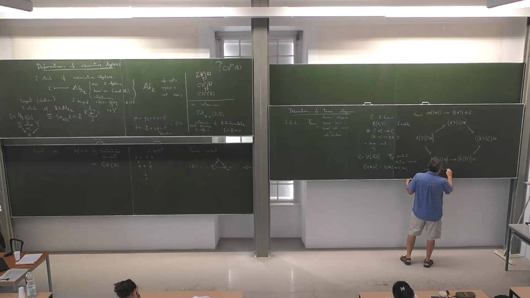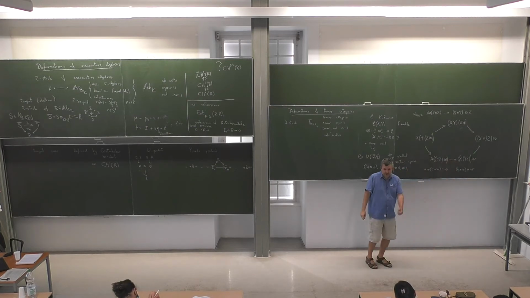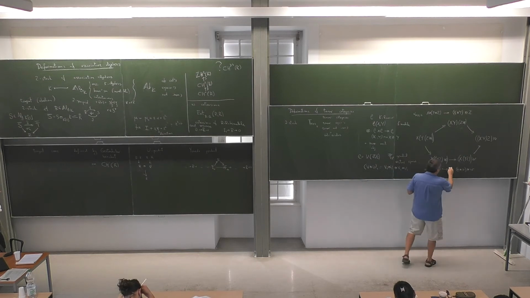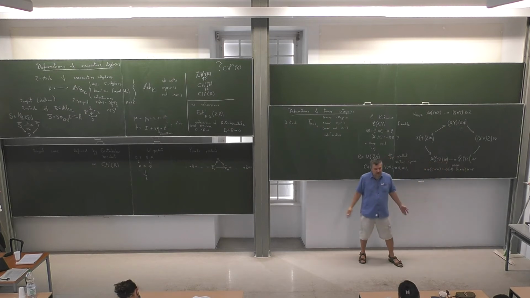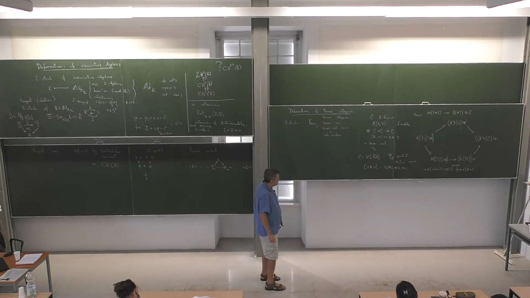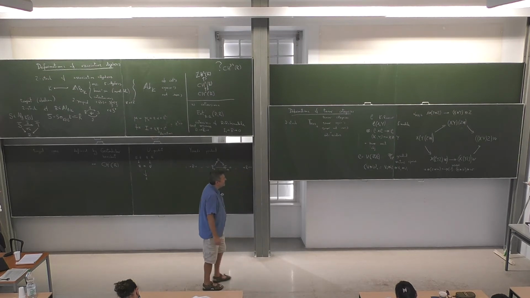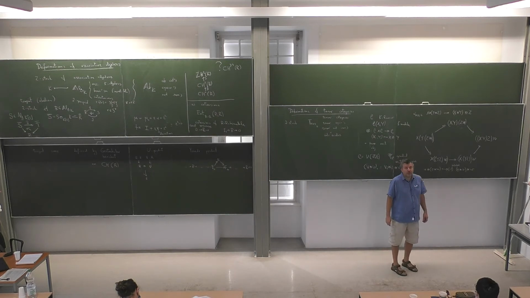And then we do rebracket as in vector spaces, but we could introduce a phase. Am I doing this right? Yeah, I'm doing it right. That's correct.